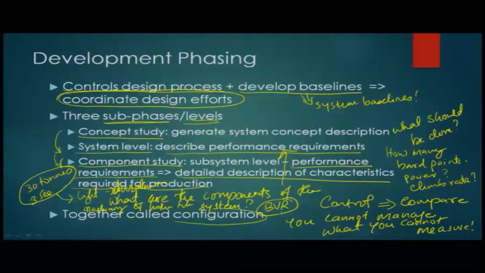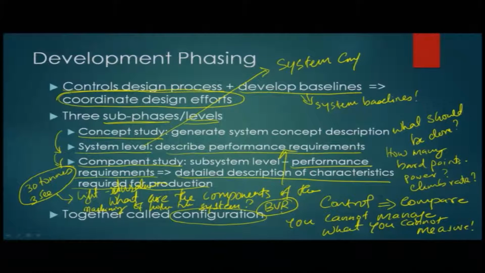So, all of these things put together, we actually call the configuration. People call it by multiple names. Some people call this part the system level, sometimes called the system configuration. This is called the subcomponent configuration.